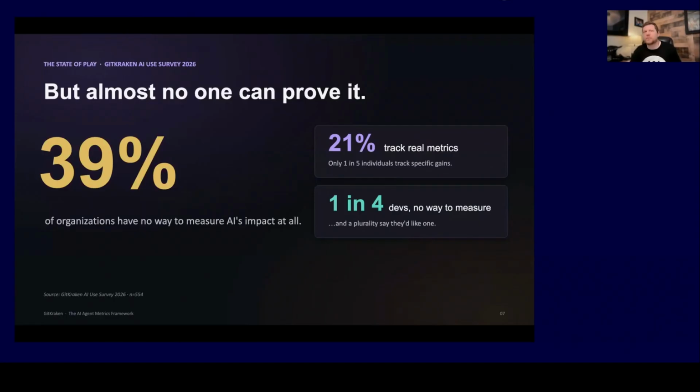Only 21% of folks said they actually have any specific, real metric that they track. So I think there's a disconnect here, and you could call it the believe-but-can't-prove gap. And I think it's the single biggest motivating group in the whole survey. Lots of teams feel that value, but very few can actually demonstrate it.